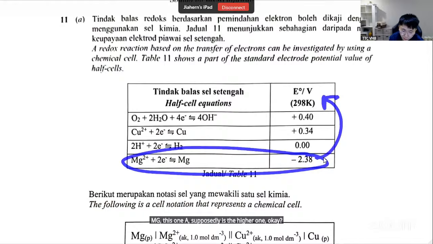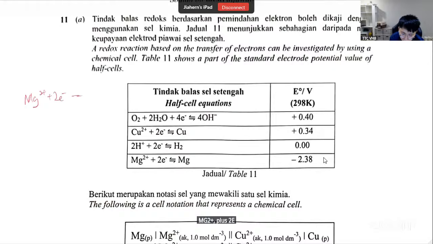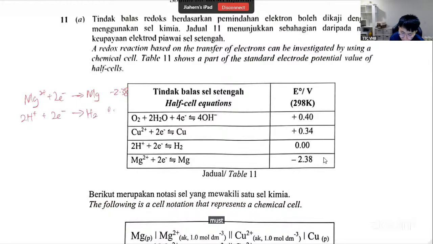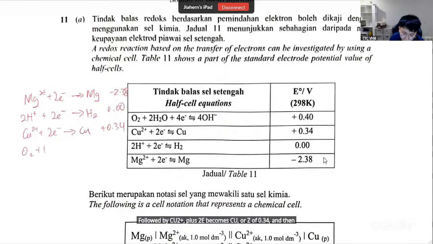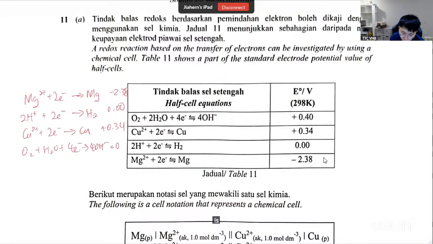So we're supposed to go with Mg2+ + 2e becomes Mg, negative 2.38, then followed by, guys, I'm rearranging the table. So next time in exam, when you see the table is not arranged in the correct sequence, must rearrange first, okay? Then followed by Cu2+ + 2e becomes Cu, positive 0.34, and then O2 + H2O + 4e becomes 4OH-, positive 0.40. Okay, so this will be the correct arrangement.